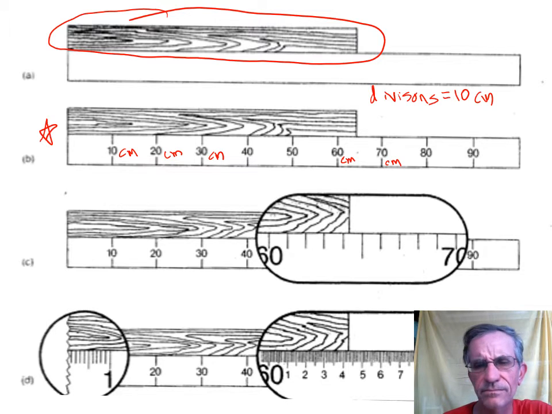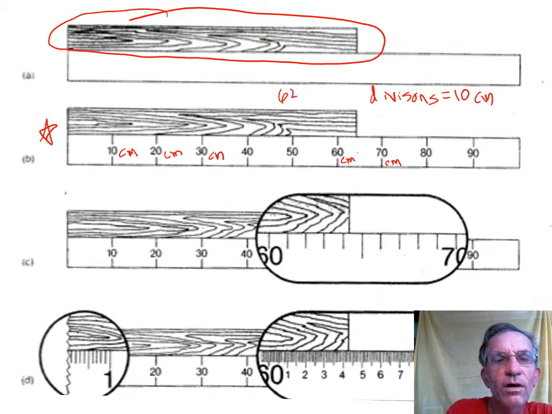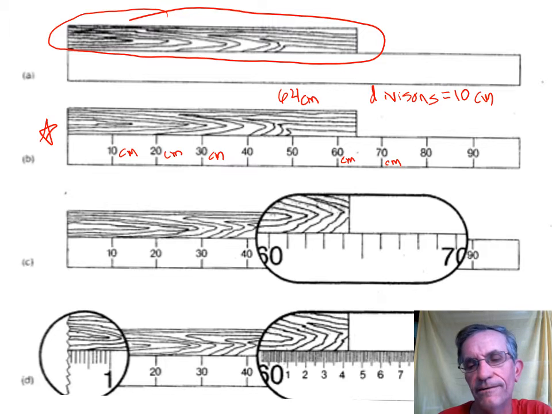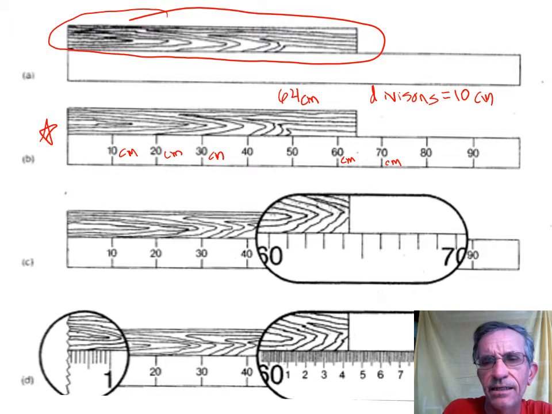To me, it looks slightly closer to 60, so I might say this thing is, I don't know, 64 centimeters long. Whatever the divisions are, the rule says you estimate one more digit past it. So if the divisions are every 10, I would read to the 1 centimeter.